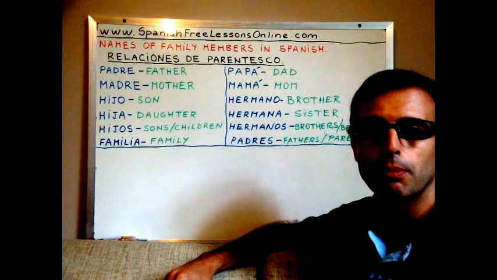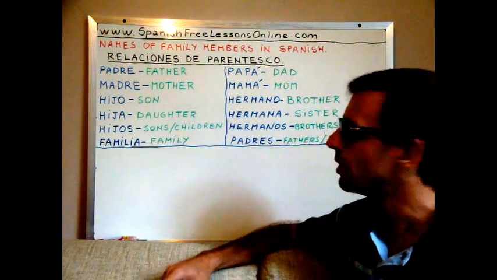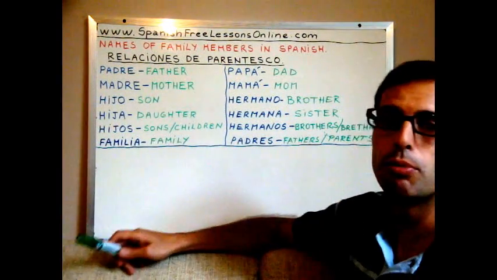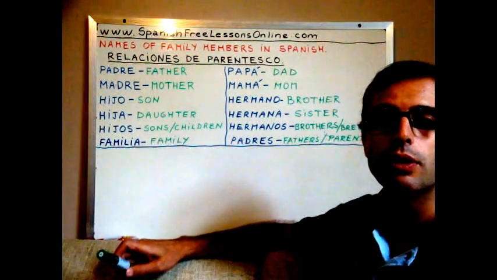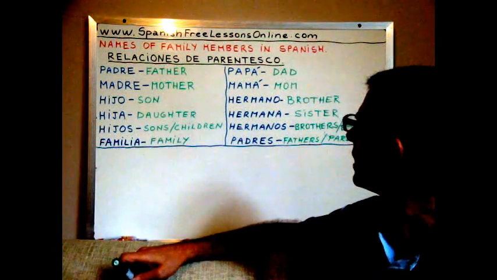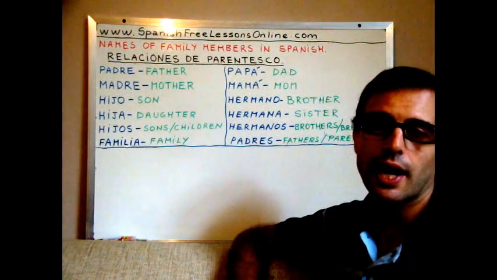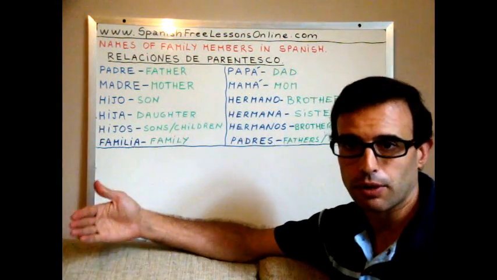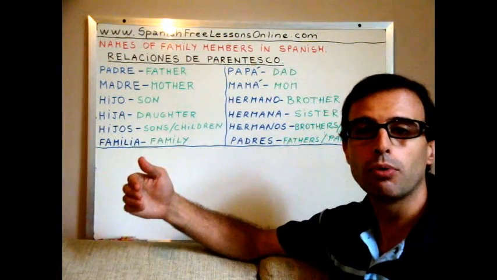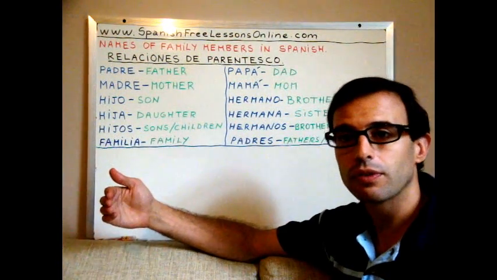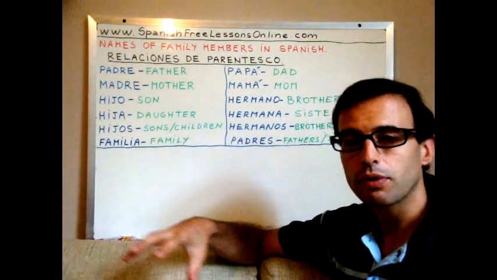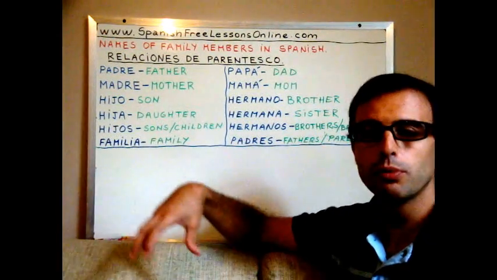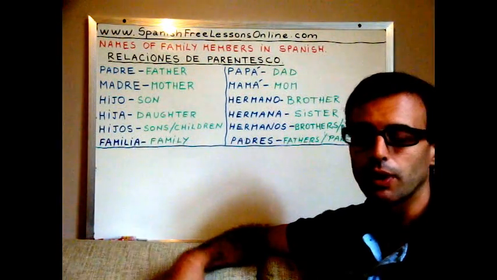It means plural for brother, so hermanos means brothers, right? But it also means brethren. For example, if I have 2 brothers, these are my hermanos. If I have 1 brother and 2 sisters, all the group are called hermanos, right?